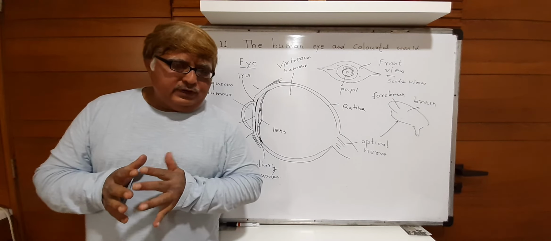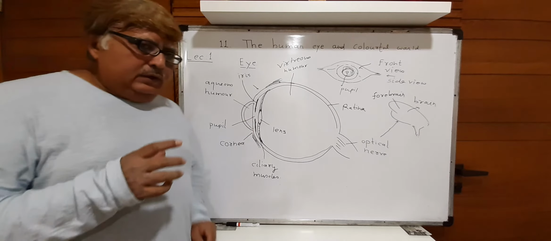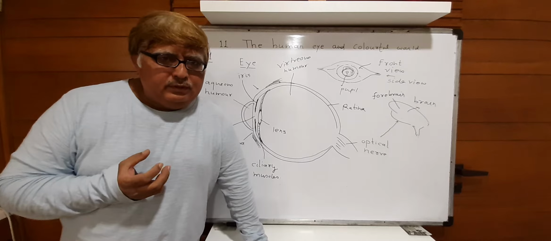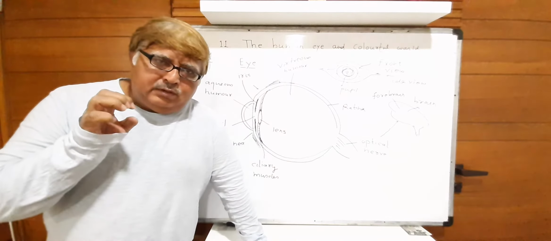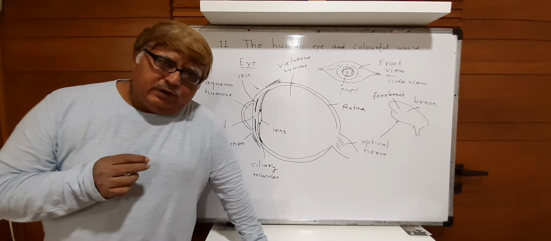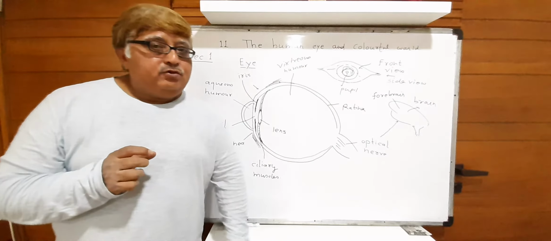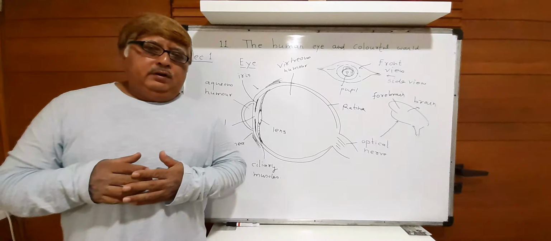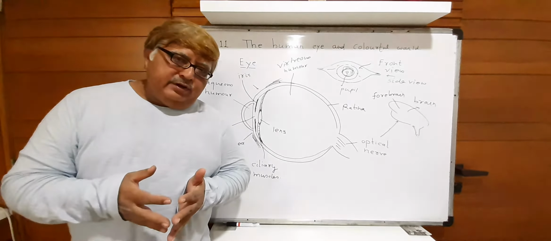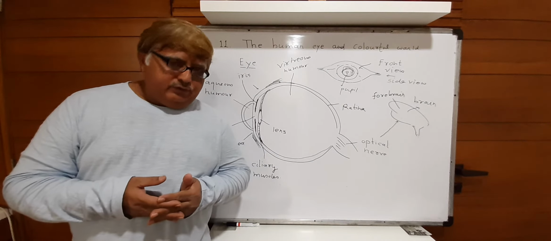Try to understand it. Actually, the iris muscle controls the amount of light entering our eye, and it is a must. It needs to be controlled. Sudden release and entering of light on the retina can be dangerous.